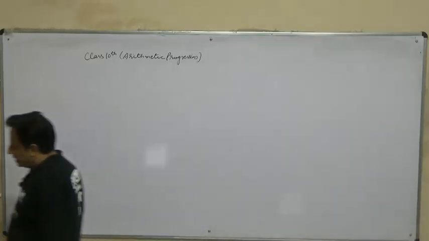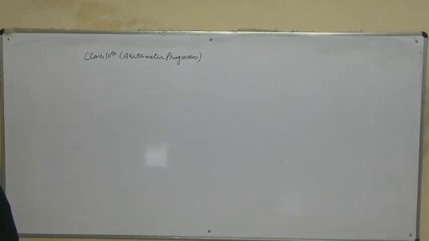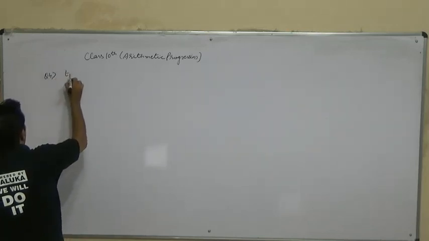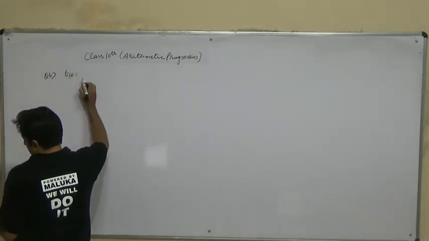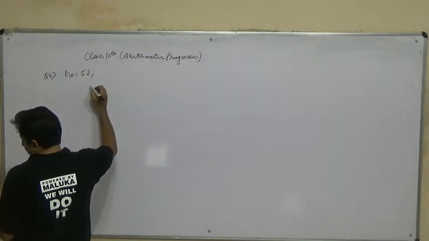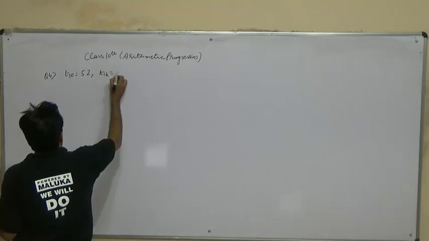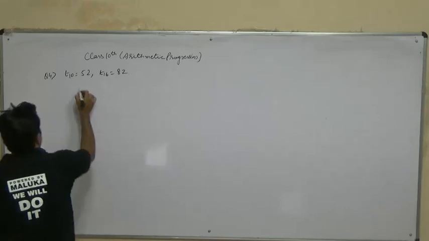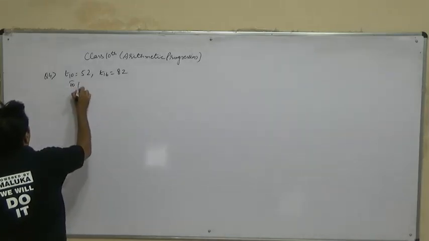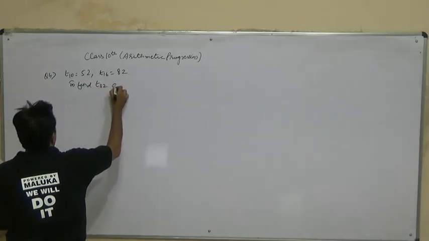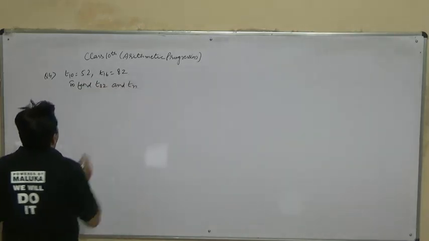So moving on to the next part, fourth question is, 10th term is given as 52 and 16th term is 82. What we want to find? We want to find 32nd term and general term Tn.